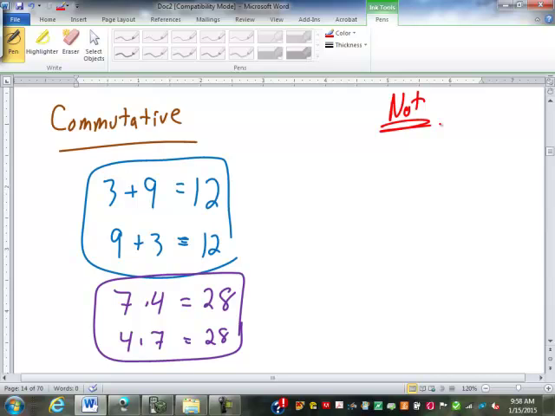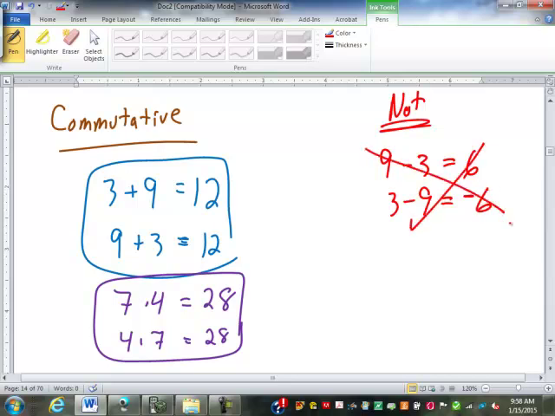Our byproduct operations, remember we talked about how subtraction and division really aren't operations, they're just byproducts of addition and multiplication. If I have 9 minus 3, I get 6. But if I switch the order, 3 minus 9 is going to be negative 6.